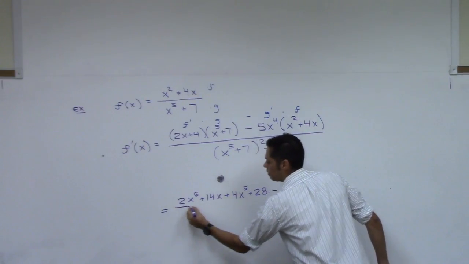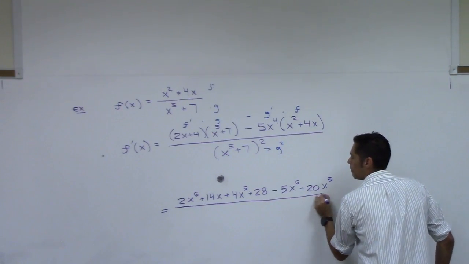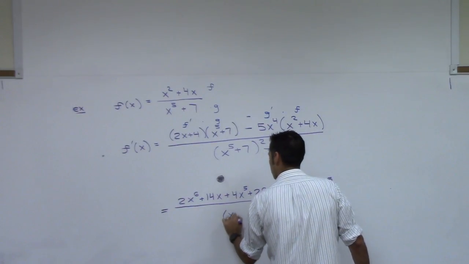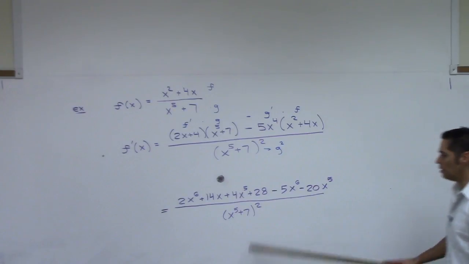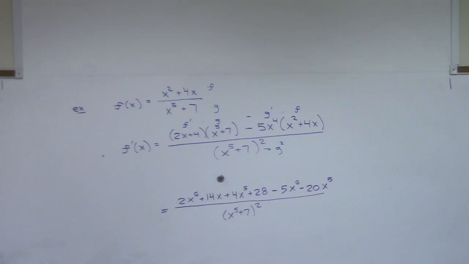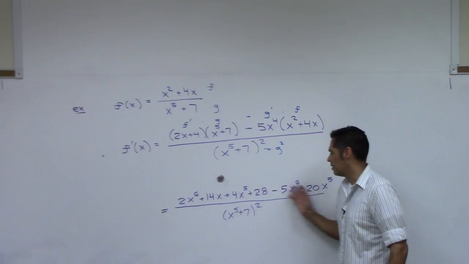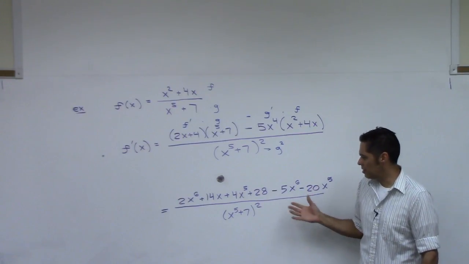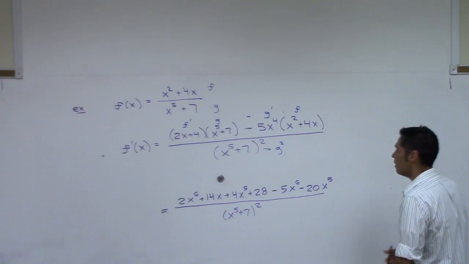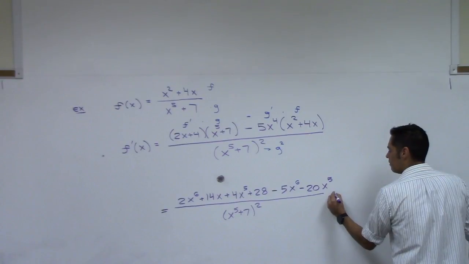All of this over x to the fifth plus 7. And I'm not actually going to square that out. I'm just going to leave it. You could expand it, but most of the time we just leave that one alone. Because in the top, we're most likely going to get some sort of algebraic simplification, which you can see we do get some things to go away, right? Or not go away, but combine together.